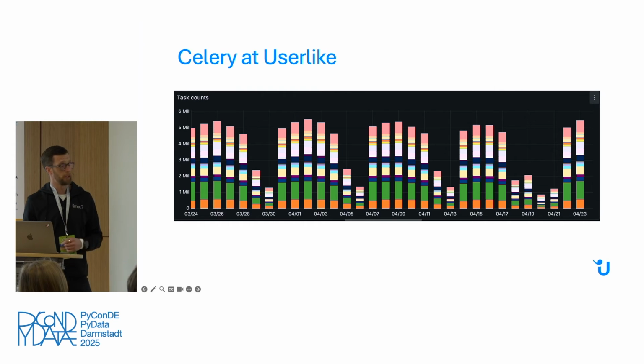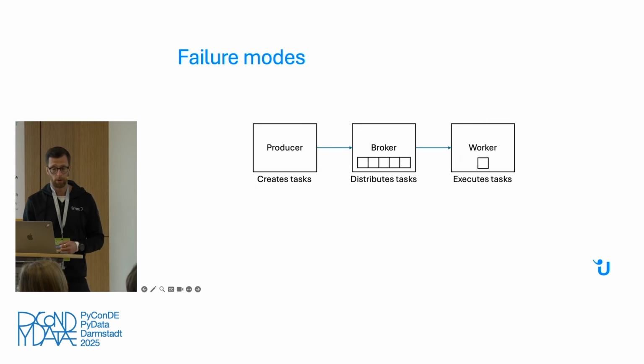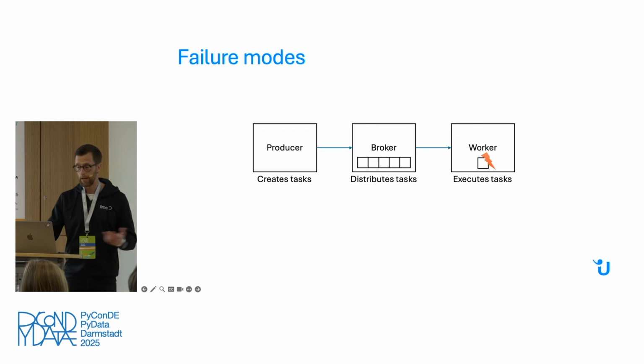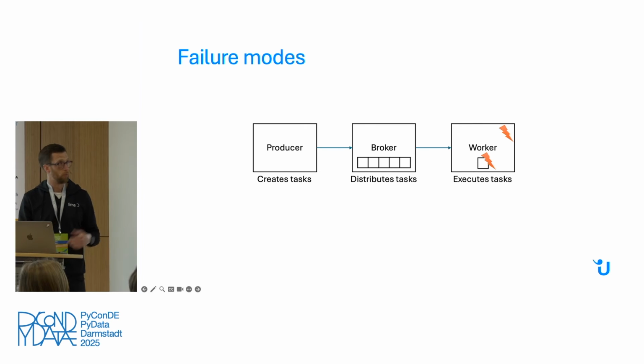So yeah, with so many tasks, things can go wrong. So how can they go wrong? Basically, everything in this diagram can break. Your task can crash. It can raise an exception. Your worker can also crash, either the worker in the sense of the Celery application, that the application has a bug, or the system that executes the task.